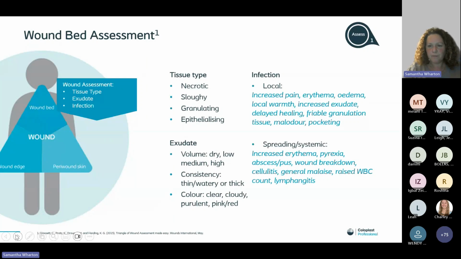Malodour and pocketing. And then those signs of spreading and systemic infection, that increased erythema, pyrexia. Often the patient will say, I just don't feel well, the wound's breaking down, general malaise, and then you would start doing your further investigations, and you would escalate that patient because they need more urgent support.